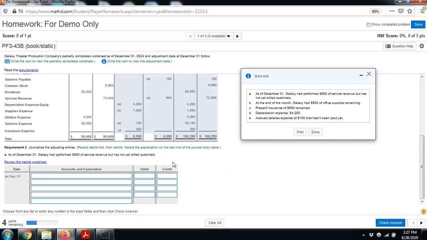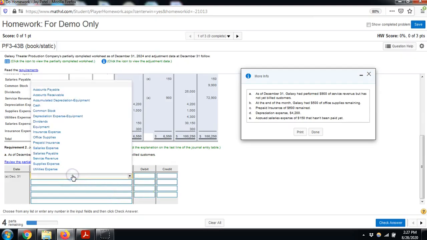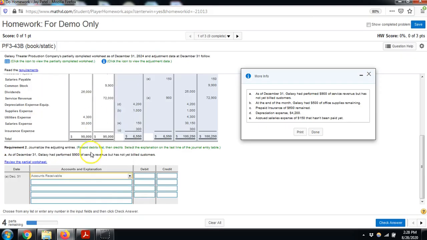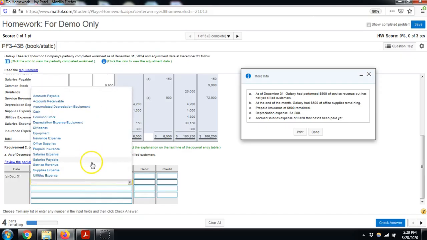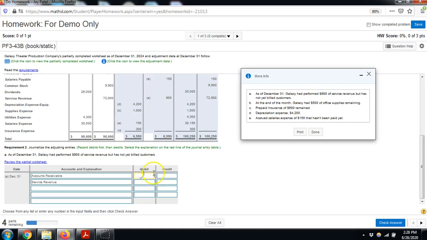So now it wants us to basically do the journal entries for each of these. So let's just go through here. So we're going to have accounts receivable, service revenue.